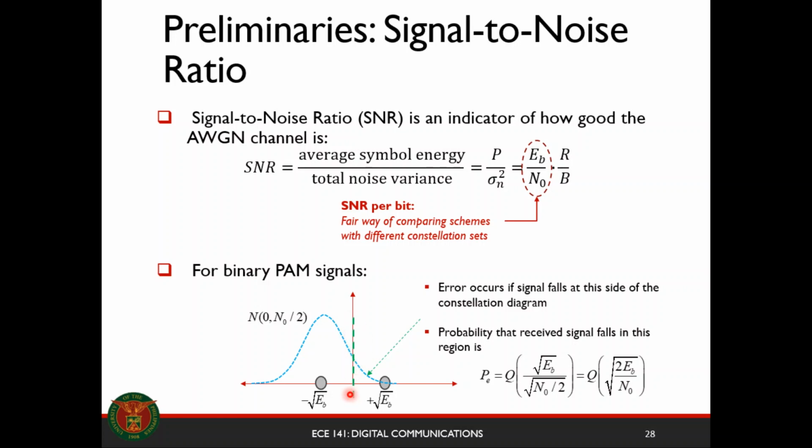If we assume equiprobable symbols, then your decision boundary will be at the middle of these two symbols. So the probability of error is basically the Q of the square root of EB divided by the noise variance. You simplify this, and you get this expression for your probability of error for your binary PAM signal.